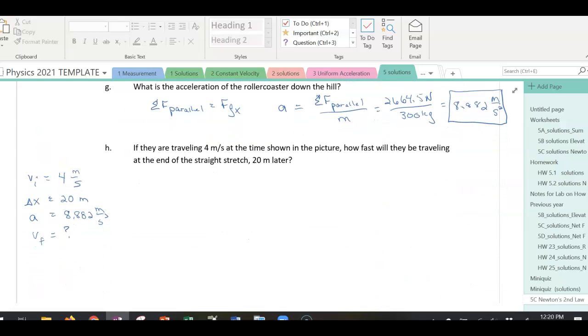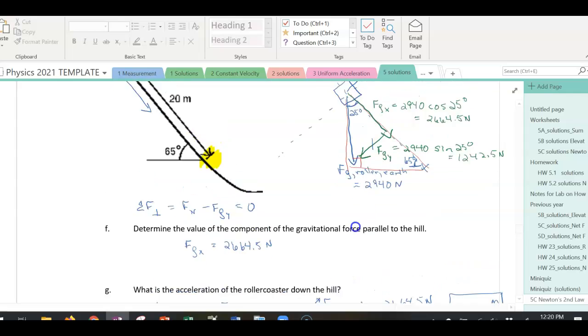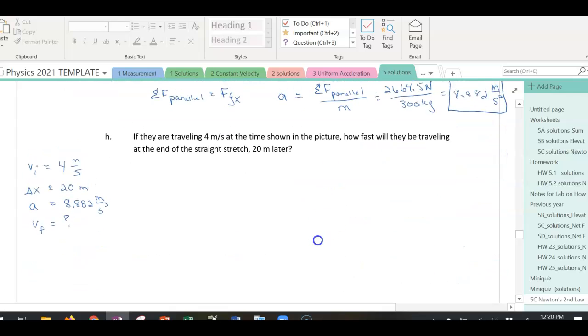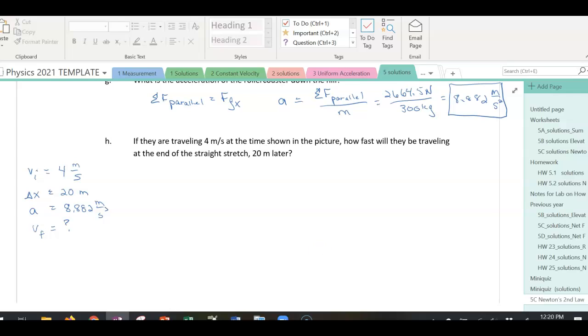Well, if we assume a constant acceleration, and I think we can assume that because none of the forces are changing, so that's constant net force, then we can use a kinematic equation. With the things that we know here, the best equation to use would be Vf squared equals Vi squared plus 2 times the acceleration times the displacement.